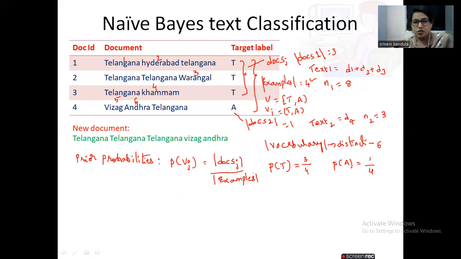Let us also see how to compute the conditional probability. The conditional probability we have to calculate for each distinct word in the examples.